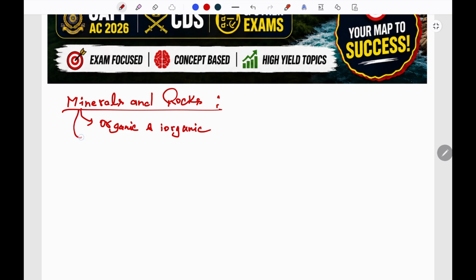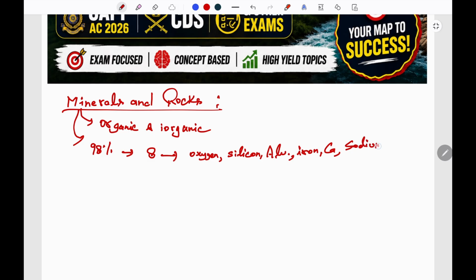So now let us look at what are the major minerals in the earth crust. So 98% of the earth crust is mainly composed of the 8 elements that are oxygen, silicon, aluminum, iron, calcium, sodium, potassium, and magnesium.